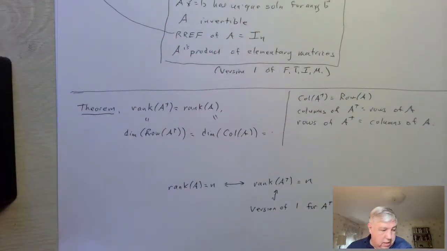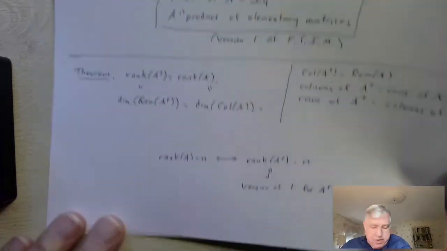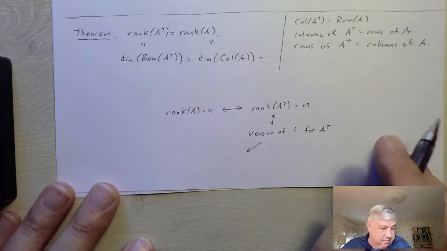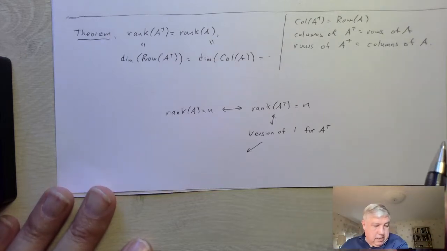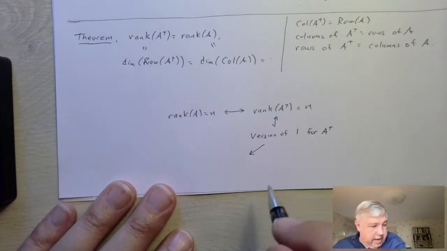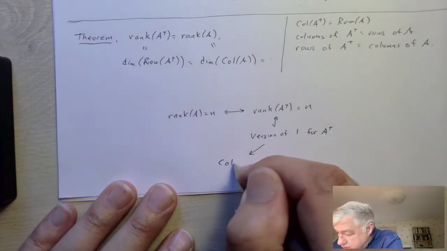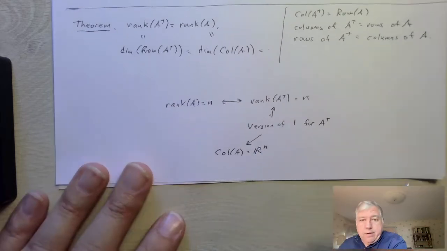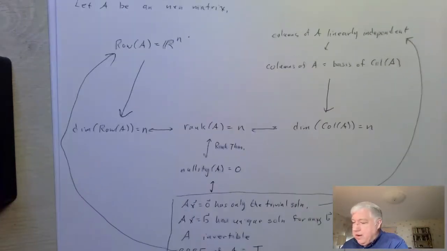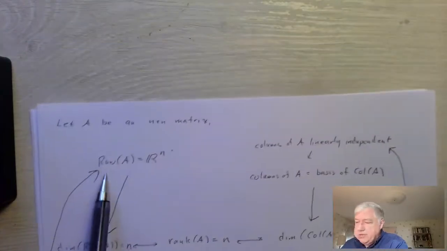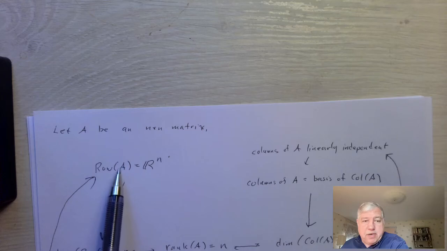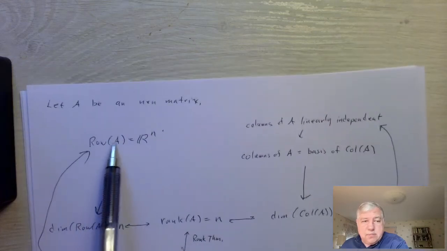Okay. So with this version 1, we get a couple of things. With this version 1, we first get that the column space of A has to be Rn. Okay, the reason for that is that version 1 implies that the row space of A transpose has to be Rn, but the row space of A transpose is just the column space of A.